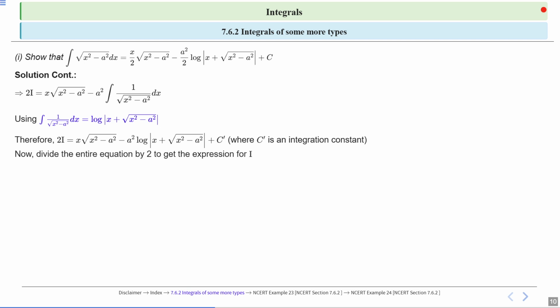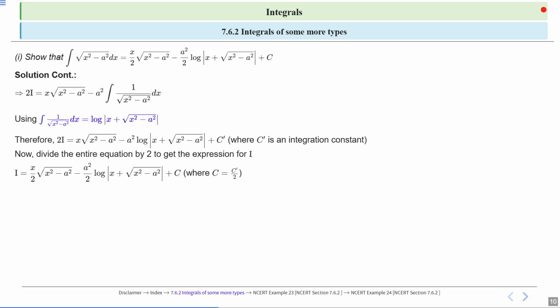Now divide the entire equation by 2 to get the expression for I. So I is equal to x by 2 root under x square minus a square minus a square by 2 log mod x plus root under x square minus a square plus c, where c is a new arbitrary constant and c is equal to c dash by 2.